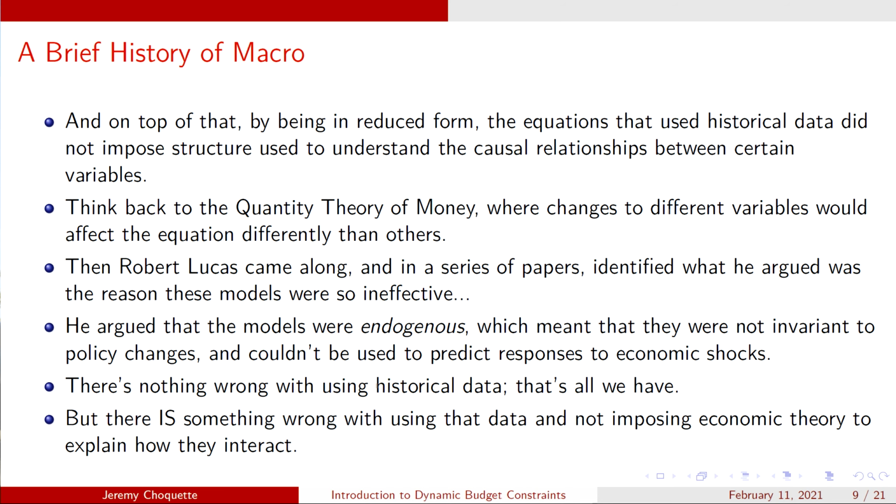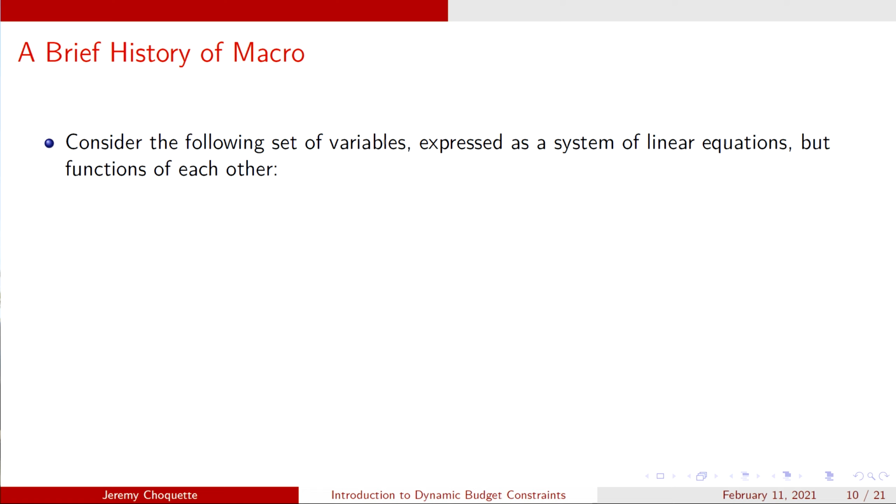But where this does go wrong is with using that data if we aren't imposing economic theory to explain how they interact. Well, we're introducing a lot of problems into our analysis. That's where these models started to break down.